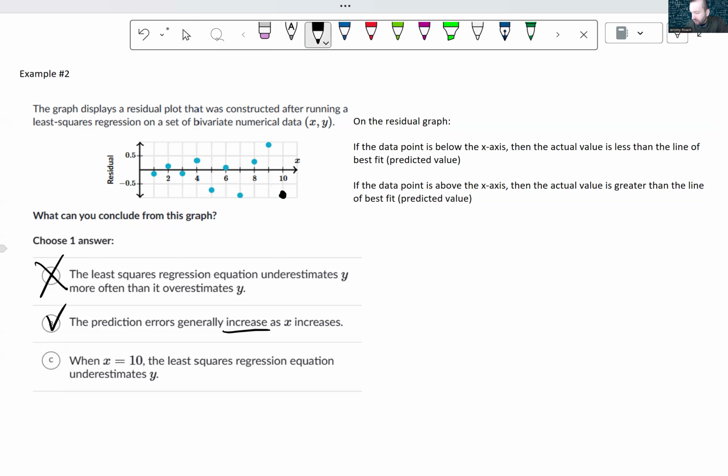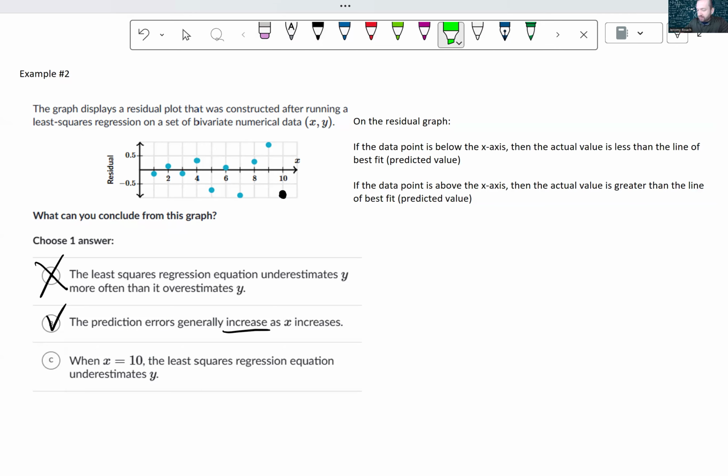You might be thinking, well, that looks like it's true at first glance. This y value is less than the regression, and at first it kind of sounds like that's underestimating y. But that's not true. Let's take a look more closely at the wording of this.